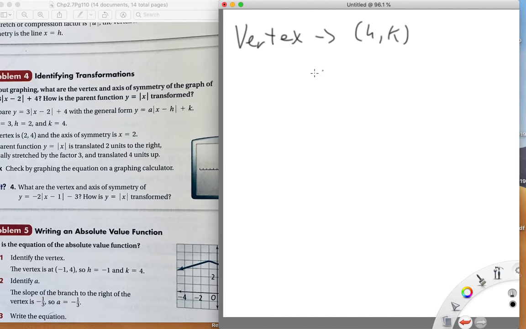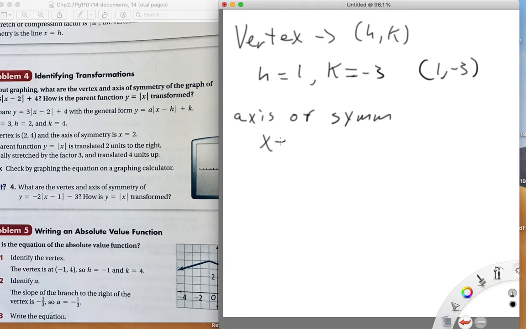The axis of symmetry is at x equals 1. How is it transformed? Since there's a negative 2, it's going to be stretched and reflected across the x-axis. It's going to be moved 1 spot to the right, and it's going to move 3 spots down.